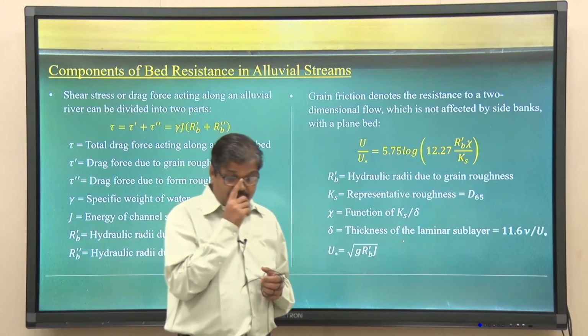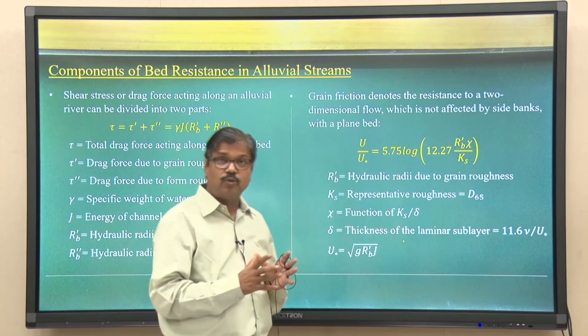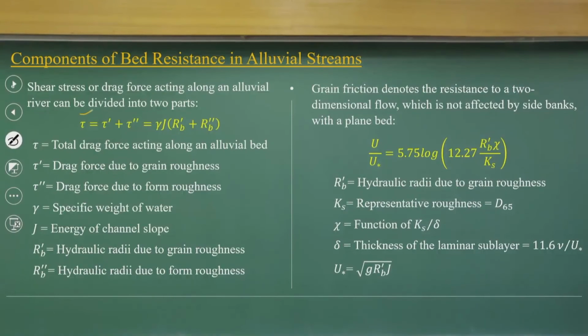Now, if you look at the bed resistance in alluvial rivers, it has a composition of two parts. The shear stress can be divided into two parts. The total drag force along the alluvial river can be defined as the drag force or shear stress per unit area, that is, grain roughness and form roughness.